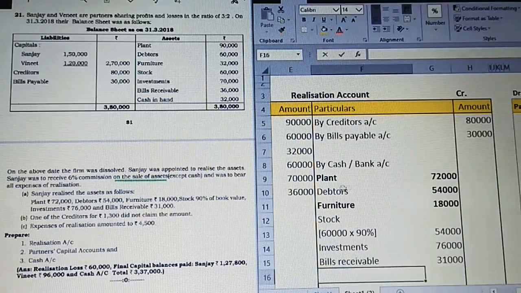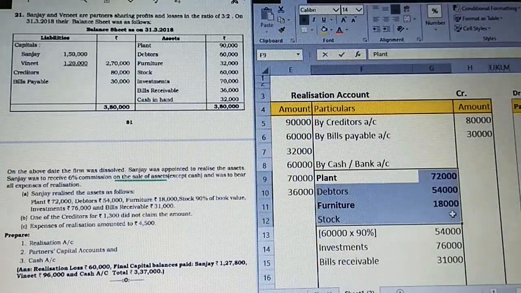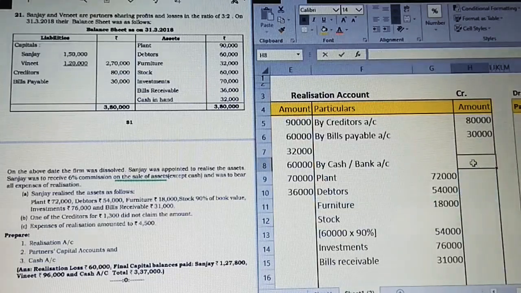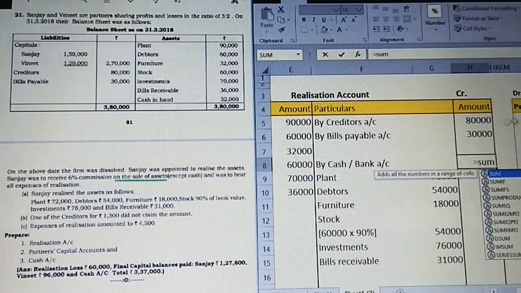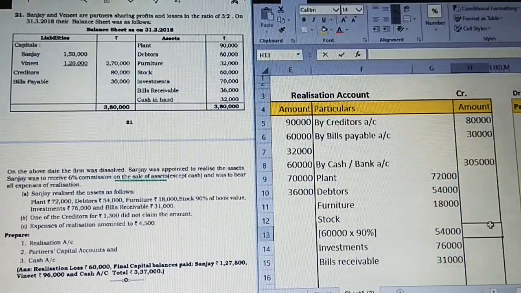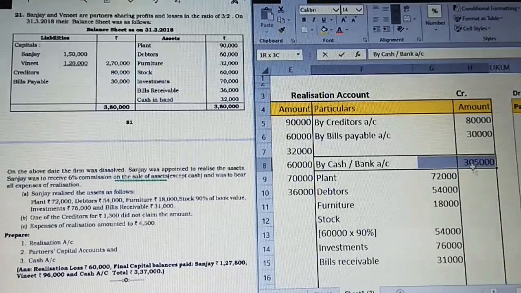So just observe. Let me take the total of this. It's 3,05,000, the assets that have been sold out.